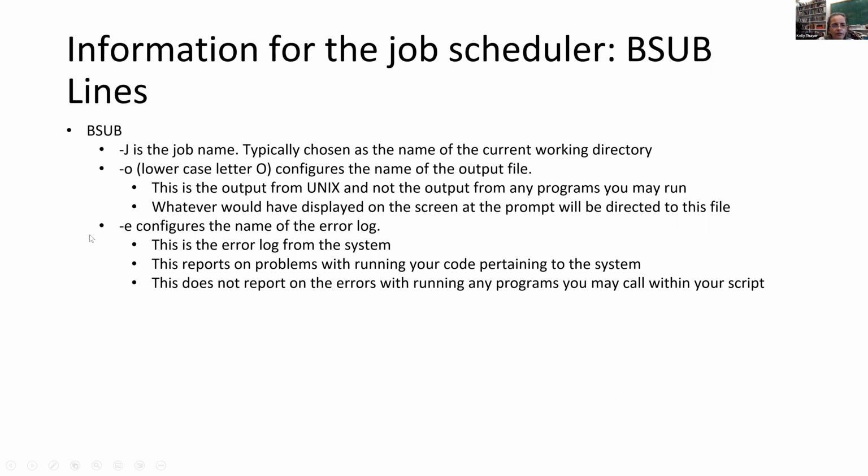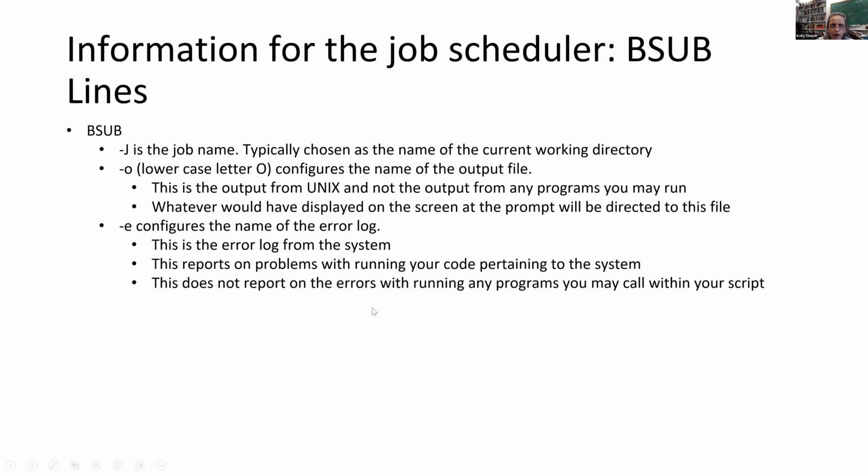The -E flag is going to configure the name of the error log. This is the error log from the system, so it's going to report any issues that Unix encounters when it's trying to execute. It's not going to necessarily report on the errors running with any programs that you may call from within your script.